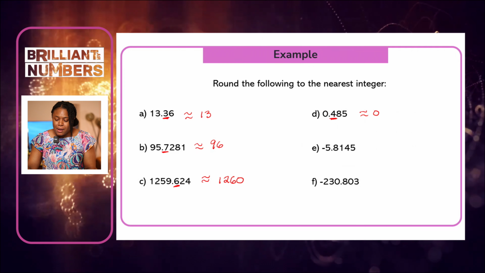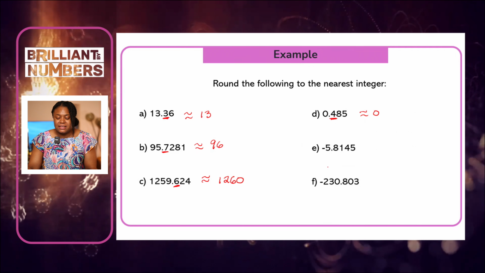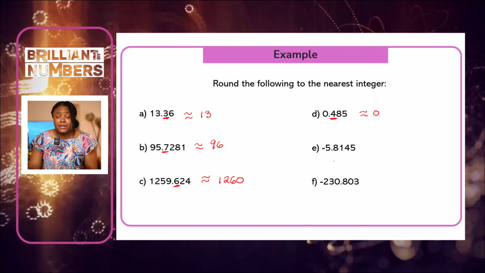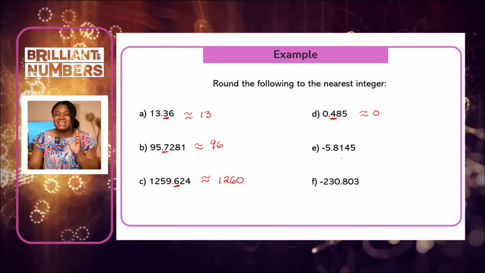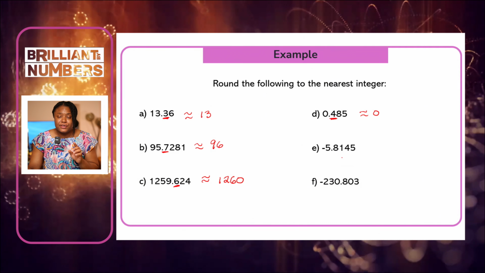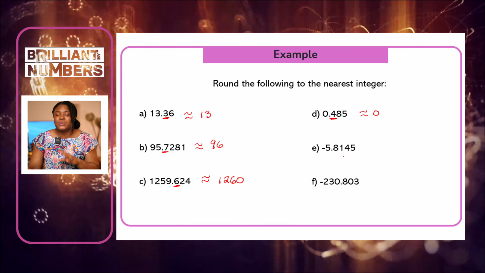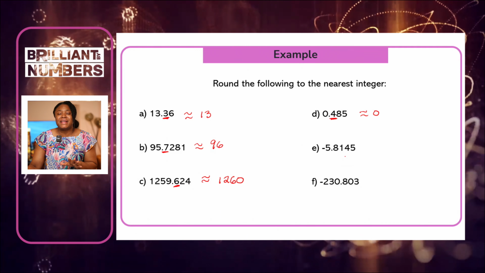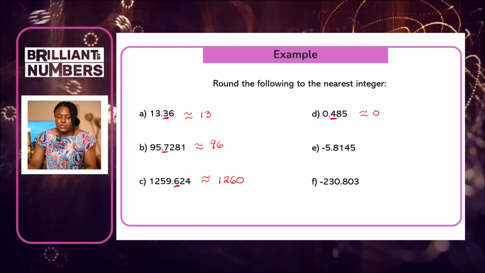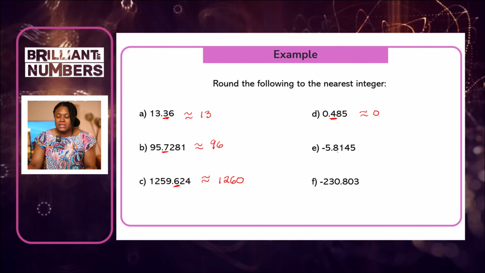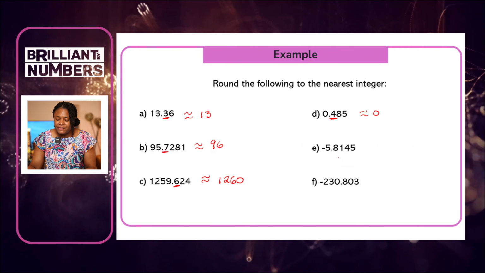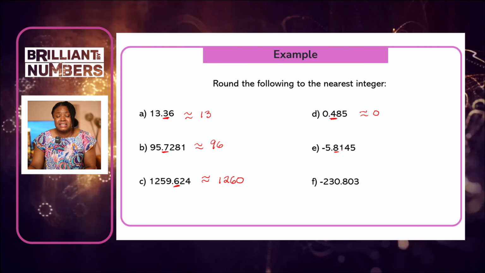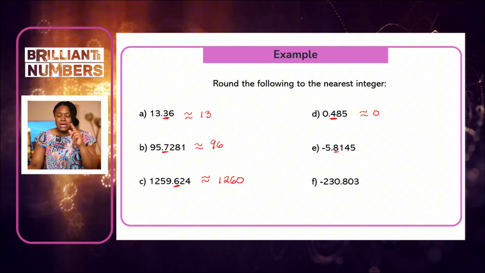Beautiful. Part E, and F, we've got some negative numbers, but though the numbers are negative, the criteria remains the same and we still apply the same method of rounding. So minus 5.8145, in the 10th place is 8, which means we're rounding up.